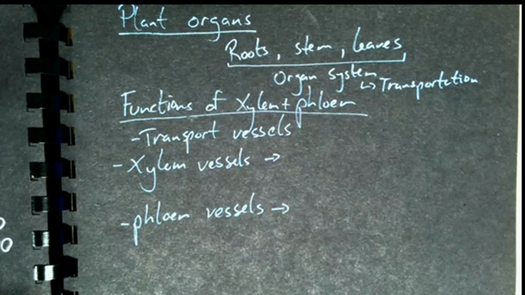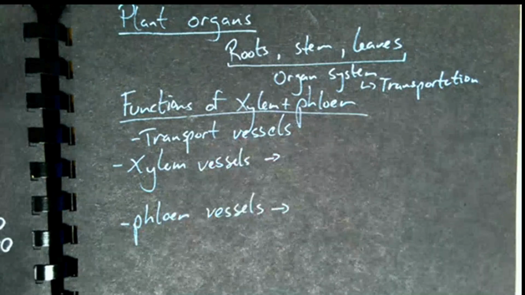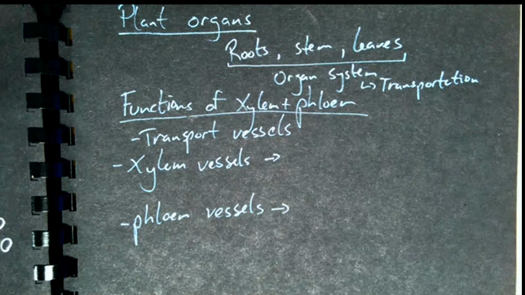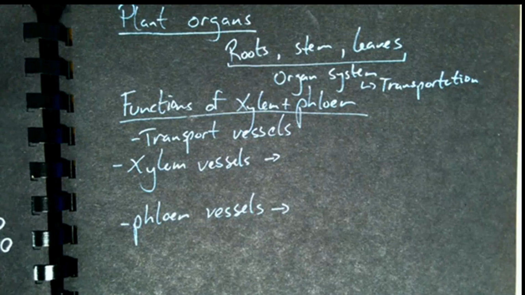I'll give you a second to think about it. You might be able to remember the most basic definition if you go back to Key Stage 3. You say this one transports one thing, this transports another thing, but actually we can give a little list of things. Okay, 30 seconds.